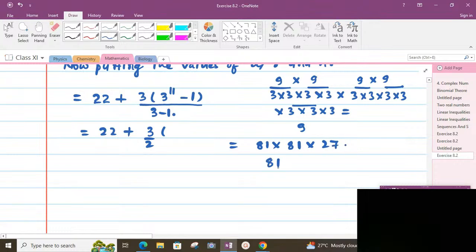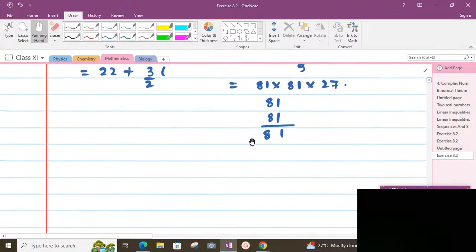We multiply 81 into 81, then we get 6561. Multiply by 8, 8 8s are 64. Now we add this one, 1 8 8 16, carry 1, 5, and this is the 6.